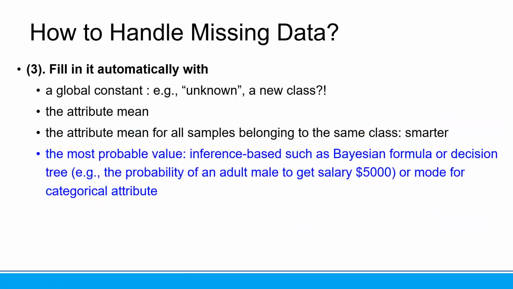The third way is to fill in it automatically. Sometimes, if we don't have anything to fill in, then I can just give a global constant, for example, unknown or new class. Or sometimes we can put a very big value.